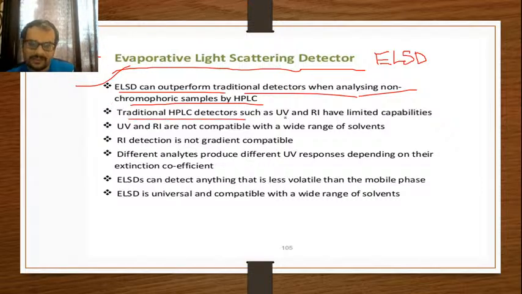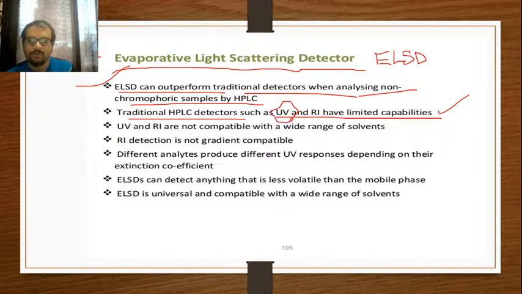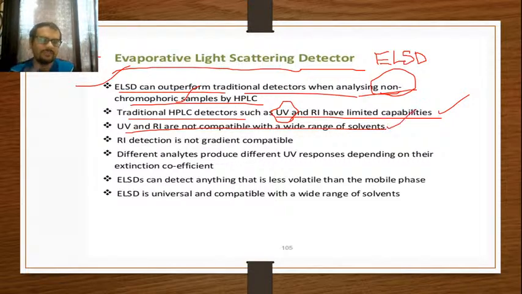Traditional HPLC detectors such as UV or RI have limited capabilities because they will not yield appropriate results when there are non-chromophoric samples. UV and RI are also not compatible with a wide range of solvents, as we have already dealt with the cutoff wavelength for solvents, which limits us to a narrow range of solvents, because other solvents show absorption maxima, and most solvents with absorption beyond 220 are non-polar in nature, which are very widely used in HPLC.